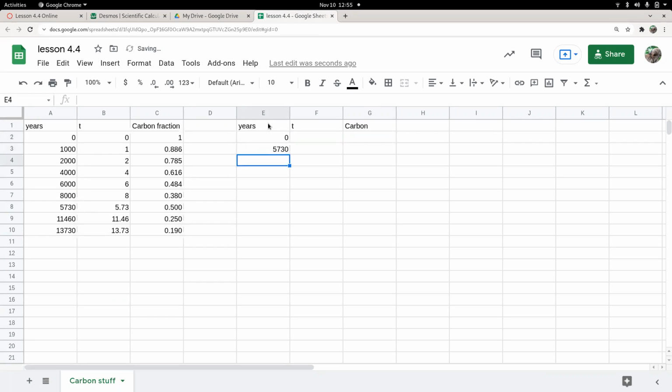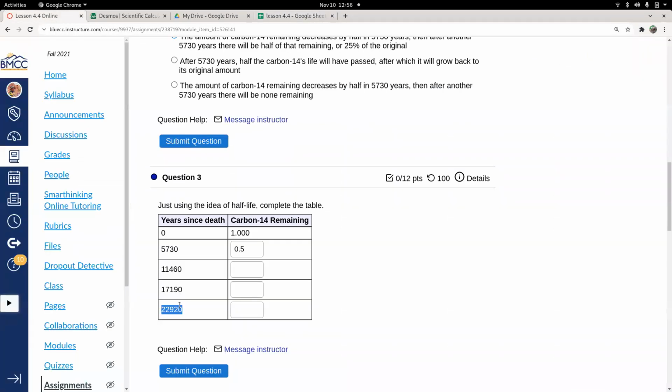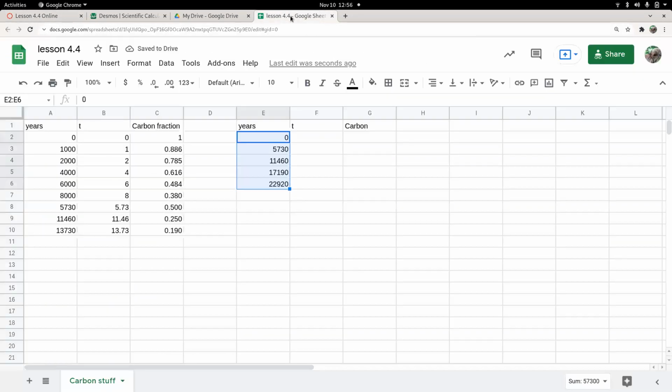5,730. And then basically we just want to keep adding 5,730. So if you highlight those two and fill that down, that's exactly what will happen. It'll keep adding another 5,730. And you should see I get the same exact numbers that were listed here. If that seemed like some weird magic, then I'll do it this way.